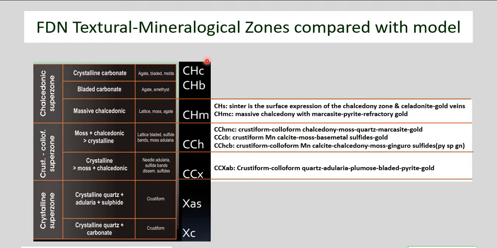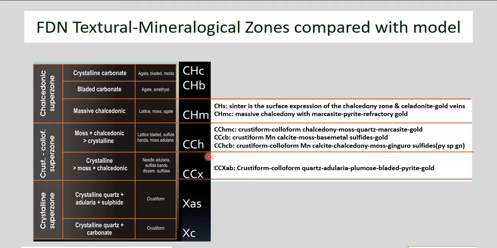Okay, so here's a quick summary of what we've seen compared with the idealized model. We saw the crustiform colloform quartz with adularia, which is the equivalent of the CCX zone, the lower crustiform colloform zone in the model. We saw a lot of predominance of chalcedony in the crustiform colloform veins with manganese calcite and with moss textures, and progressively with base metals, and then progressively more marcasite with free gold.